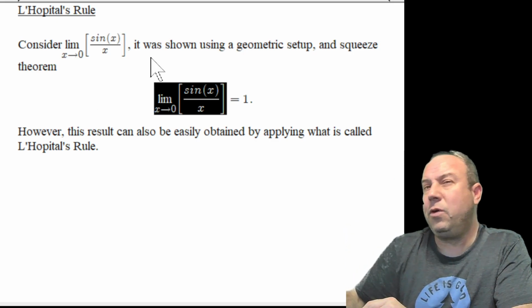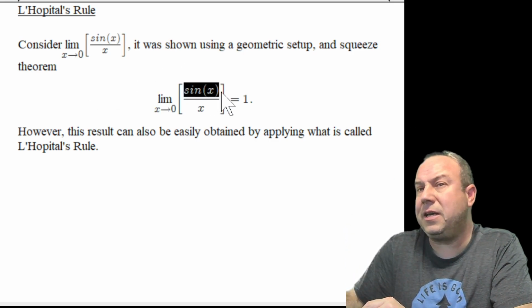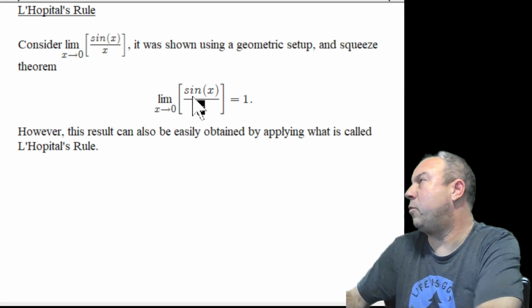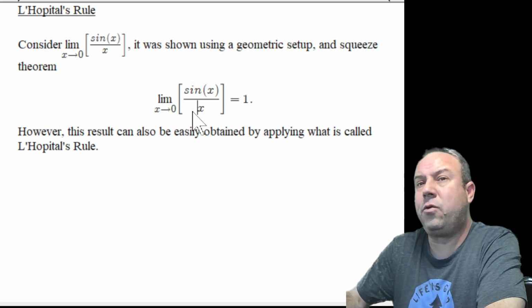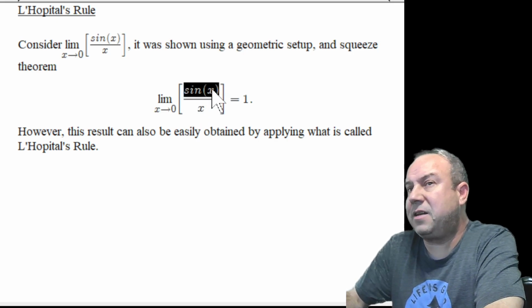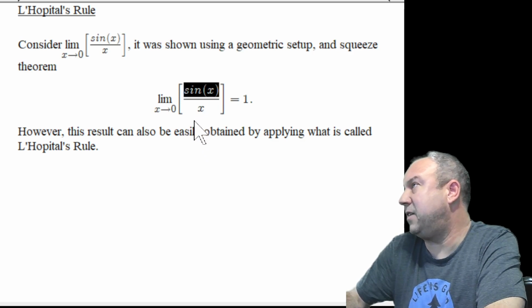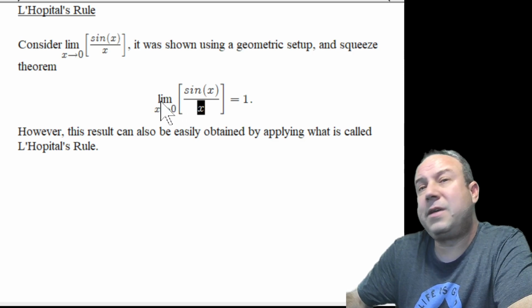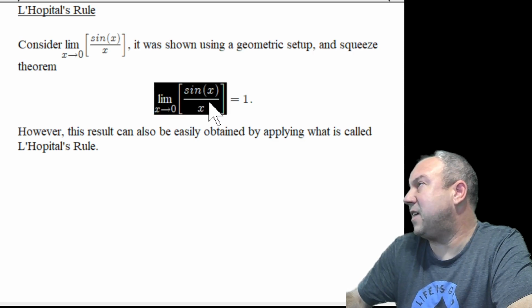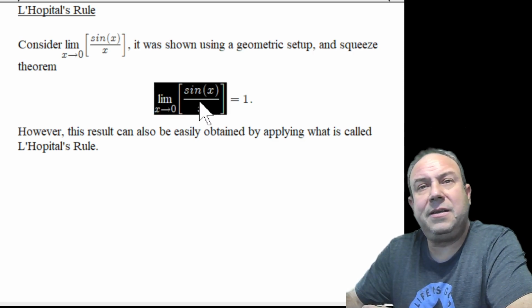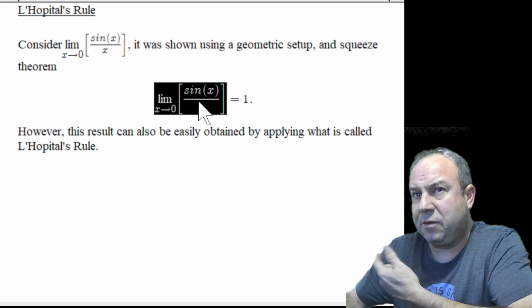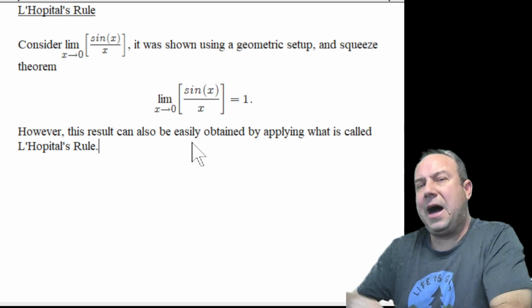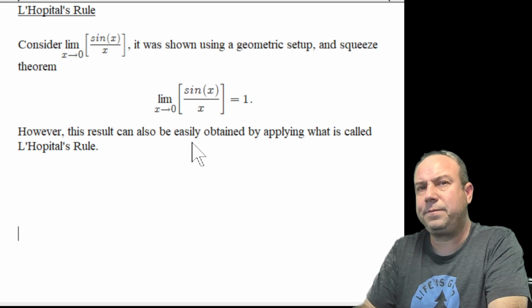It will involve primarily finding the derivative of the numerator and denominator for this rational form, which is not difficult at all. The derivative for sine is cosine, and the derivative for x is 1. That's about as rigorous as it gets, other than having to evaluate the limit in each step of the rule. All right? Let's look at the rule.